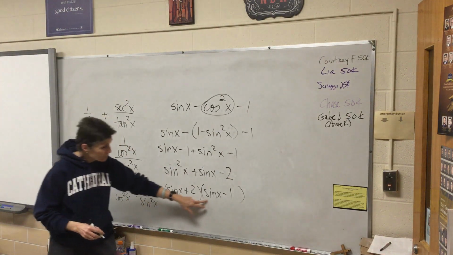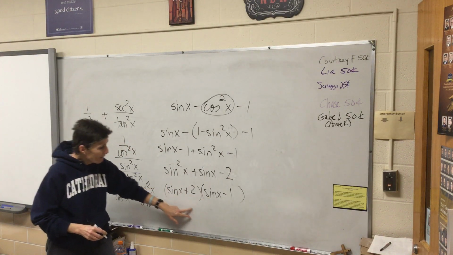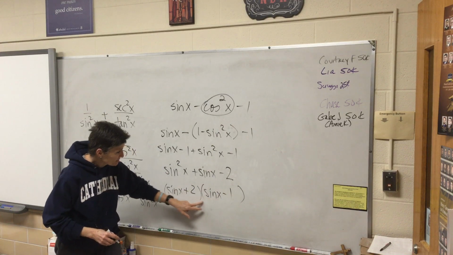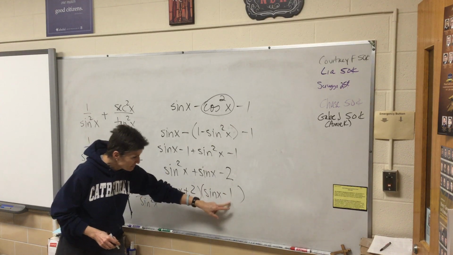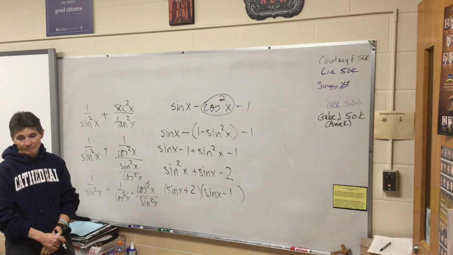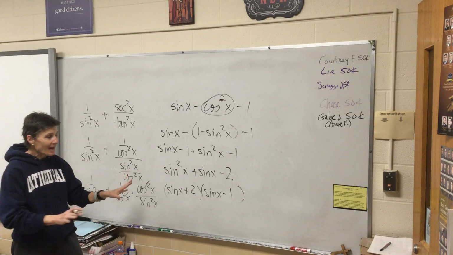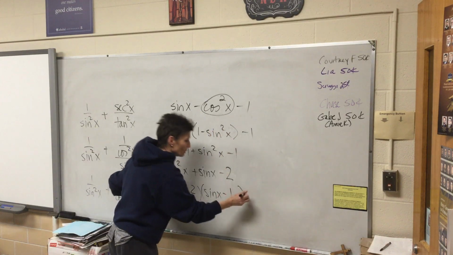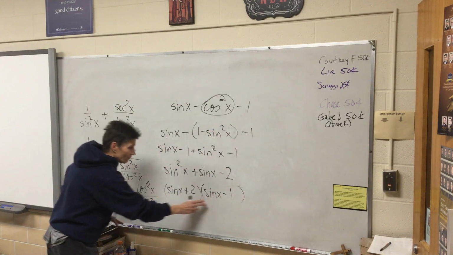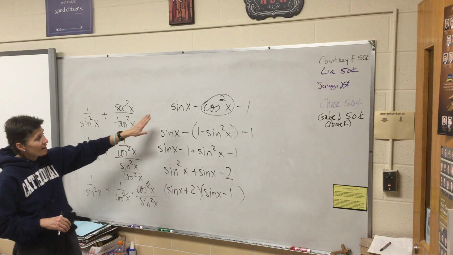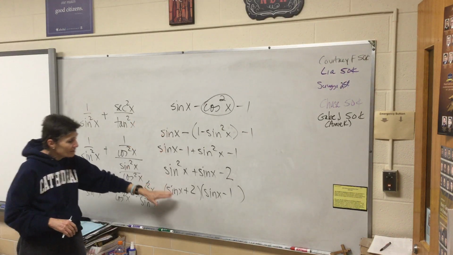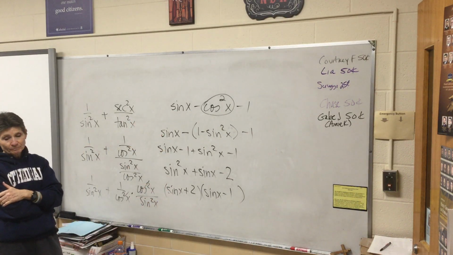Look, when you FOIL, guys, you get sine squared minus sine plus 2 sine, and then minus 2. Now, it's not an equation. If it were set equal to 0 or something, then we would solve each parentheses, but that's not the case. It's just a simplified problem, so we're going to stop right there.